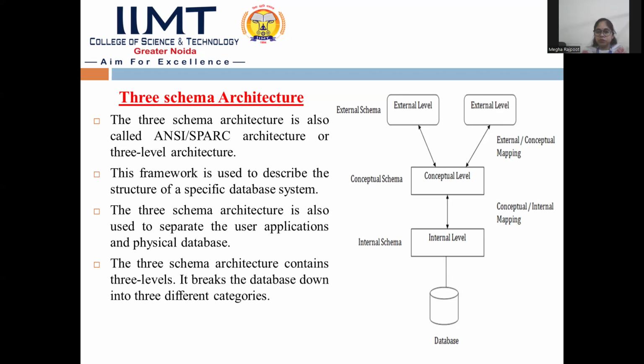This framework is used to describe the structure of a specific database system. Three schema architecture is also used to separate the user applications and the physical database. It breaks the database down into three different categories.